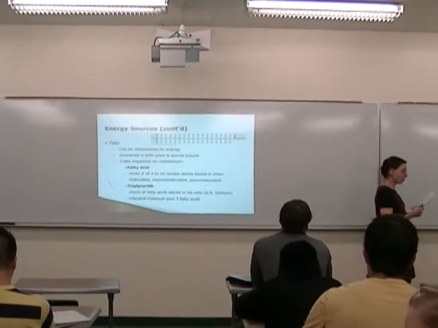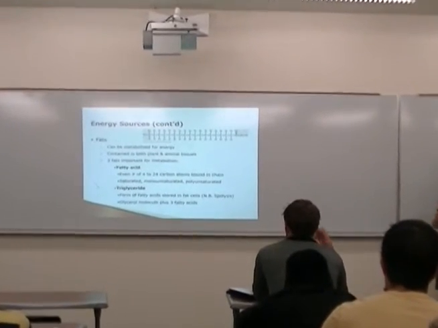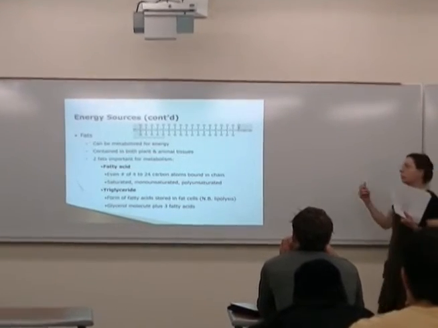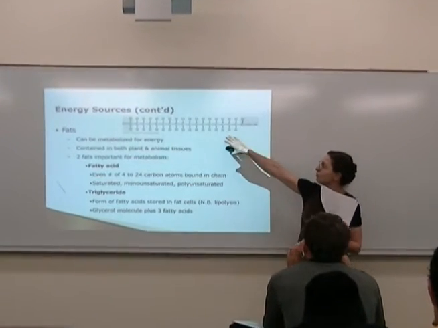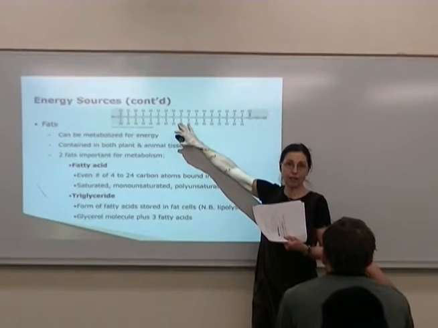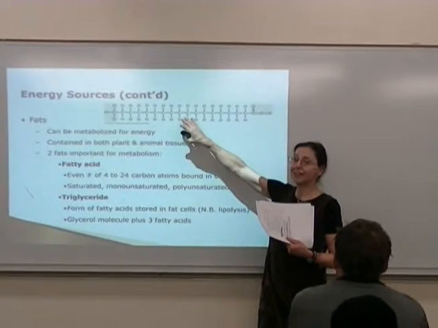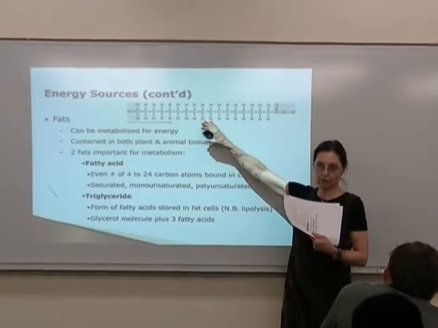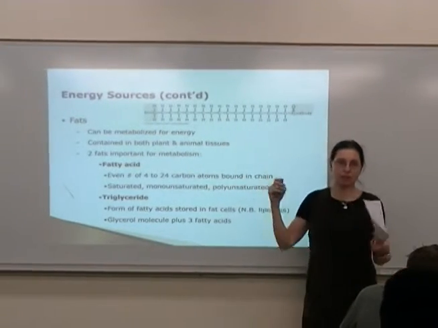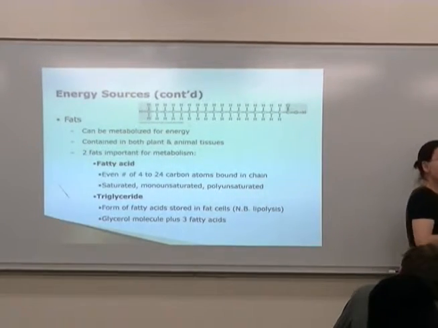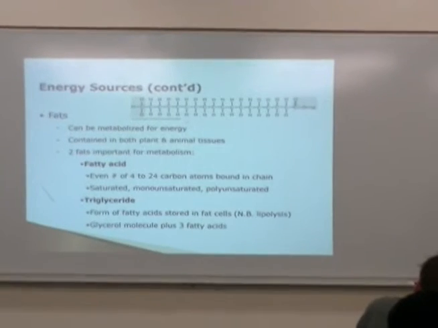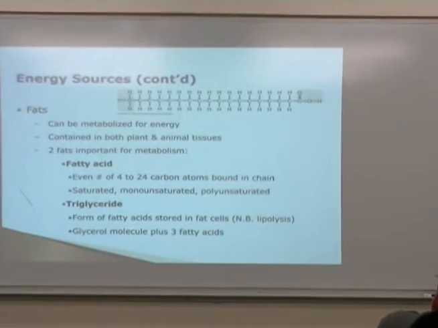If we have it stored, then if you look at the size of that molecule compared to the carbohydrate, it takes longer to break this down to use it for energy. Right? So carbohydrate is a quicker source of energy for us because it's a smaller molecule.